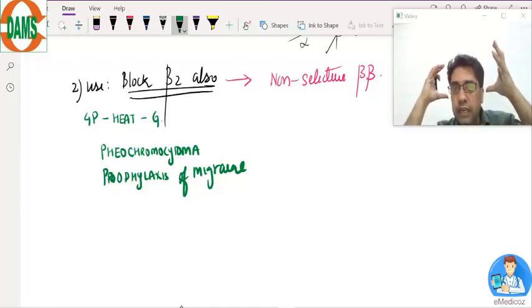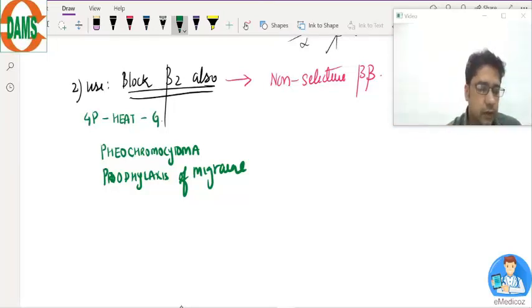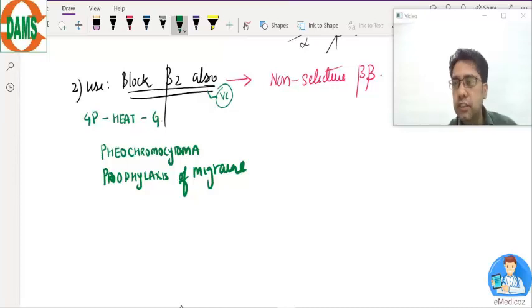When you block beta 2, it will lead to vasoconstriction, that has a beneficial effect on migraine. We will discuss in migraine. Blockage of beta 2 causes vasoconstriction. Stimulation of beta 2 causes vasodilatation.